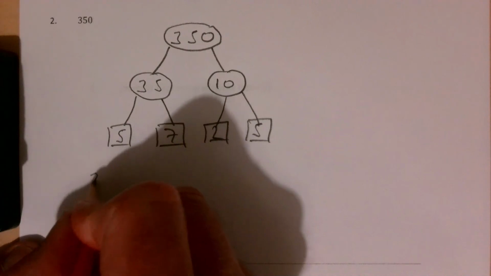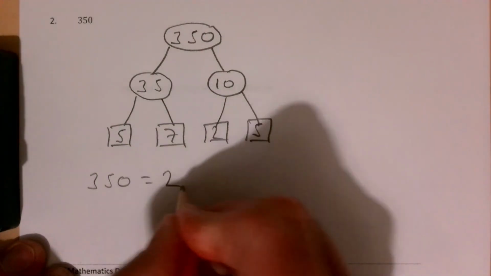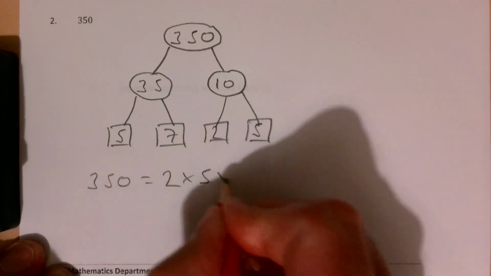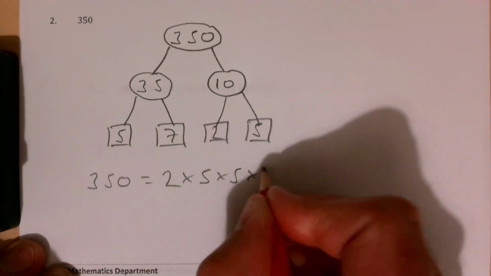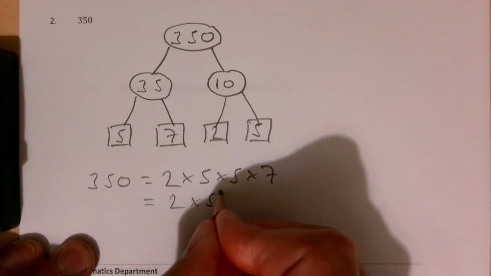So that means 350 equals, starting with the smallest, 2 times 5 times 5 times 7, which gives us 2 times 5 squared times 7.